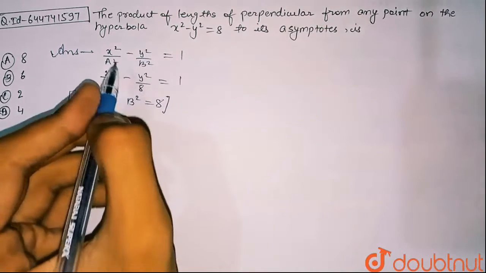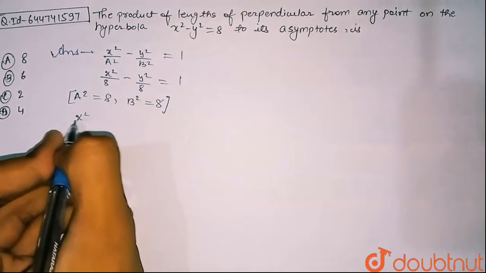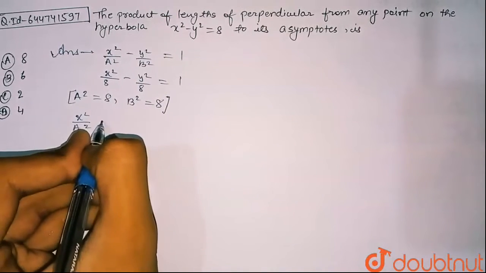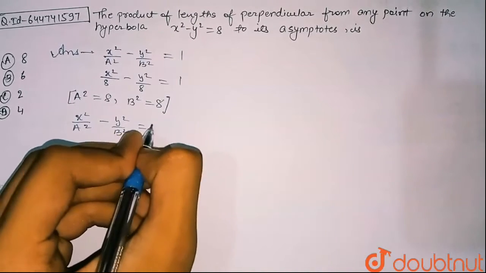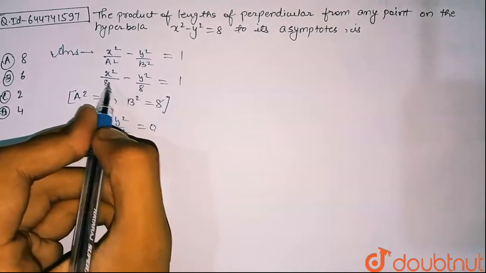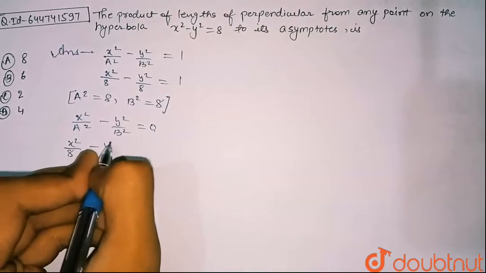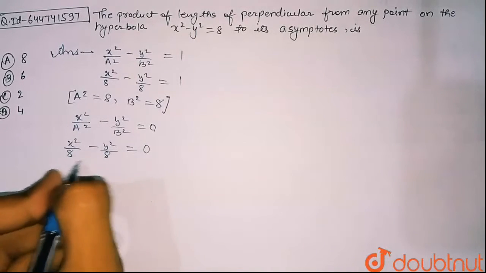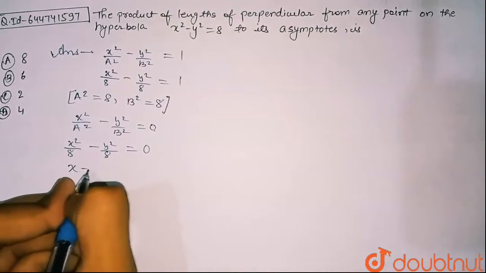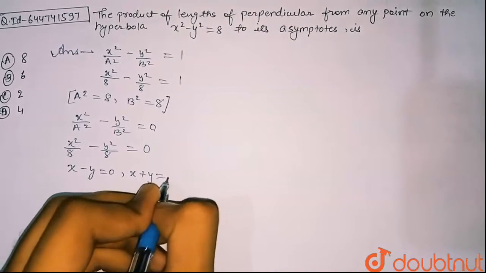So for this hyperbola the asymptotes will be x square upon a square minus y square upon b square equal to 0. So for this hyperbola the asymptotes are x square upon 8 minus y square upon 8 equal to 0. So one asymptote will be x minus y equal to 0 and another asymptote will be x plus y equal to 0.